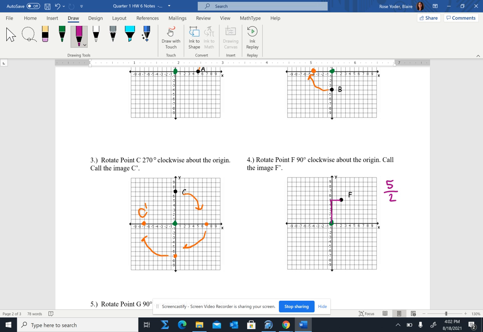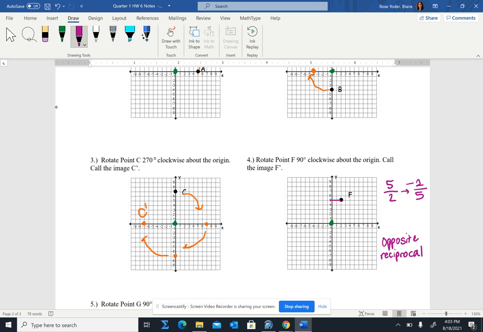But in order to find the new point that we get from a 90-degree rotation, we don't want to use the same slope from our center of rotation. We want to take our slope and find what is called the opposite reciprocal slope. Opposite means I'm going to go from positive to negative. Reciprocal means I'm going to take that fraction and flip it upside down.